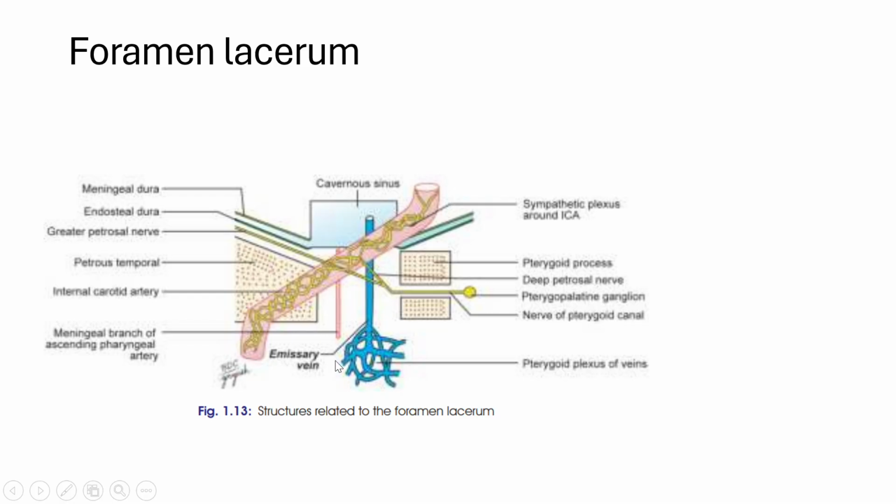So what actually passes through is the meningeal branch of the ascending pharyngeal artery and an emissary vein, which is connecting the cavernous sinus with the pterygoid venous plexus. These two things are actually passing, and the deep petrosal and greater petrosal joining here to form the Vidian's nerve are actually traversing. So this is the upper part of the foramen lacerum, and this is the anterior part of the foramen lacerum.